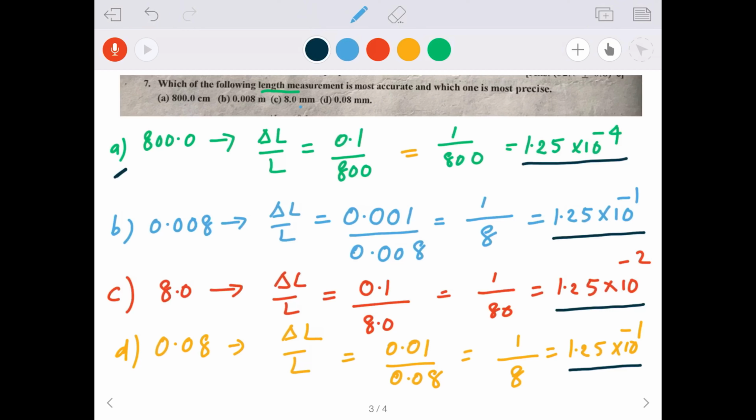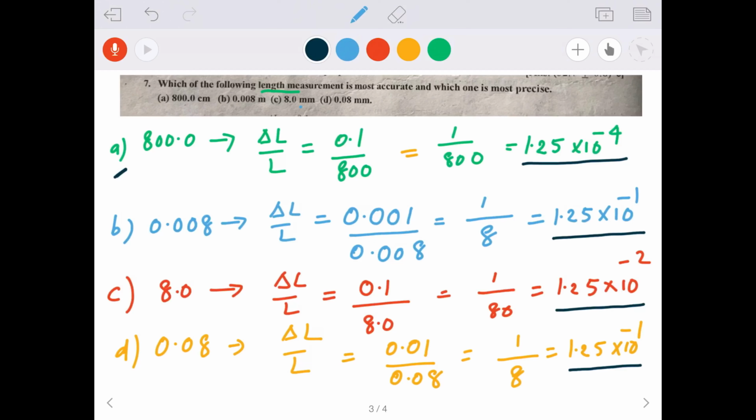So 1.25 into 10 raised to minus 4 will be the most accurate value because it has the minimum error. And the measurement D is the most precise because it is taken with an instrument of least count 0.01 millimeter.